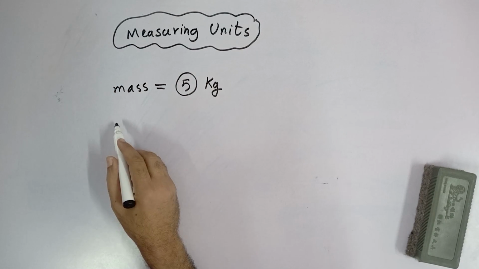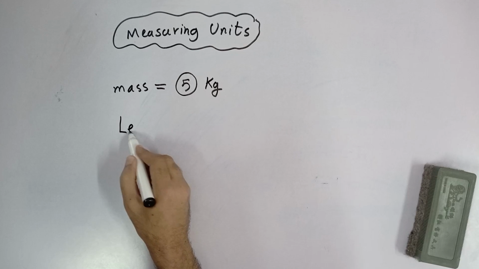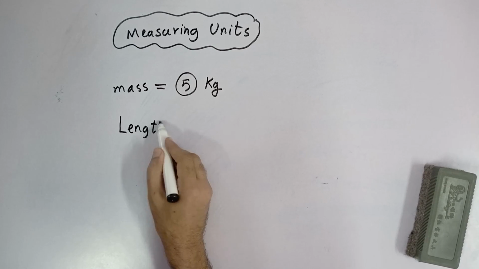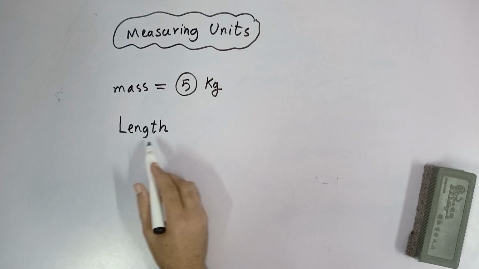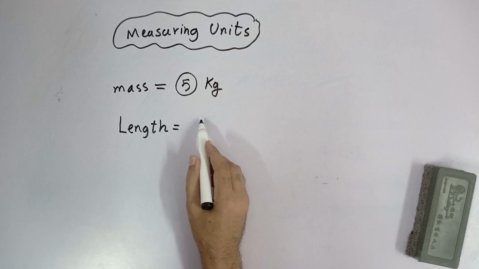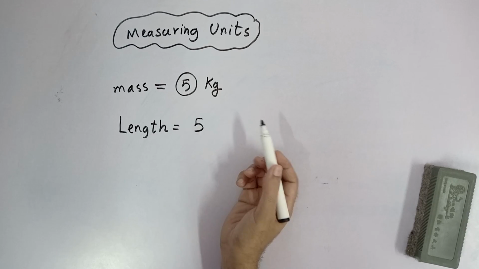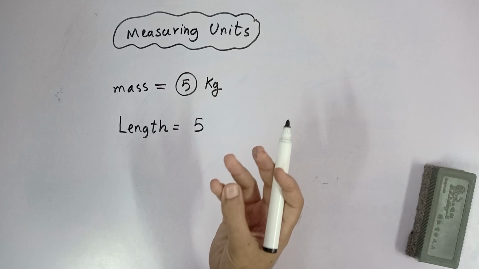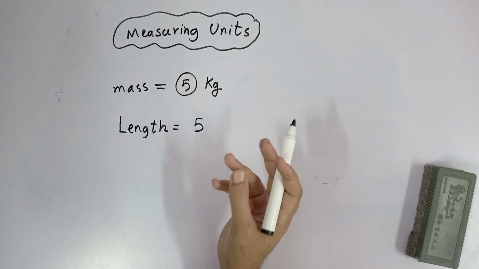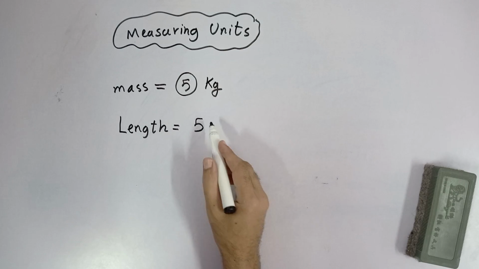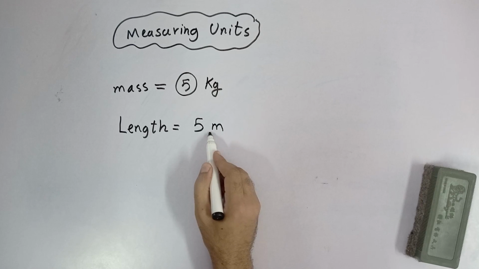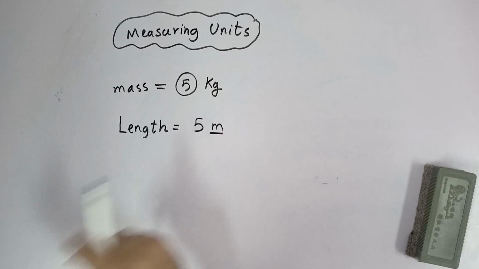If I say the length of this body is 5, what does it mean? 5 millimeters, 5 centimeters? You don't know. But if I say 5 meters, now you know the length.